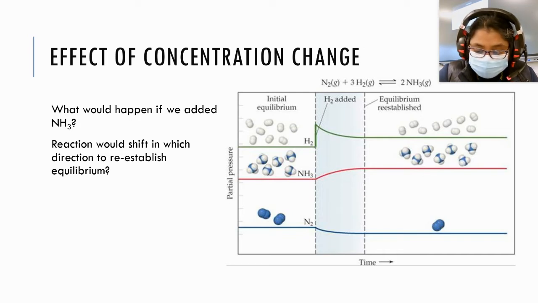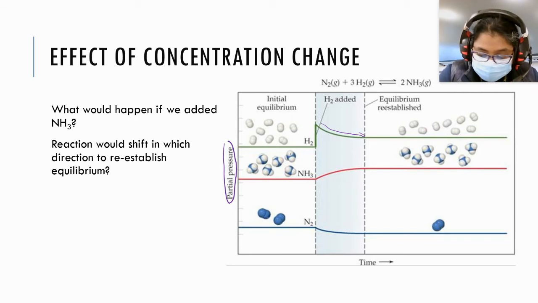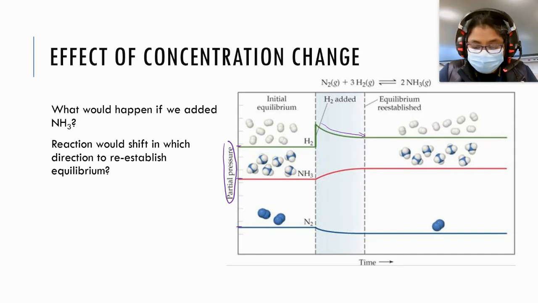So you'll see a big spike of H2 that then slowly goes down until equilibrium is reestablished. And you can tell these are partial pressures because these are gases, right? So the partial pressure of H2 is here, the partial pressure of NH3 is here, and the partial pressure of N2 is here. And this is when the reaction is at equilibrium.